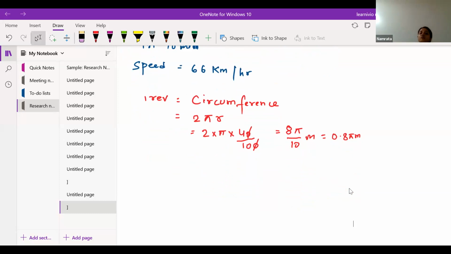We have to find what is the total distance the car is covering. According to that total distance, we will be finding the number of revolution. So speed is given as 66 kilometer per hour.